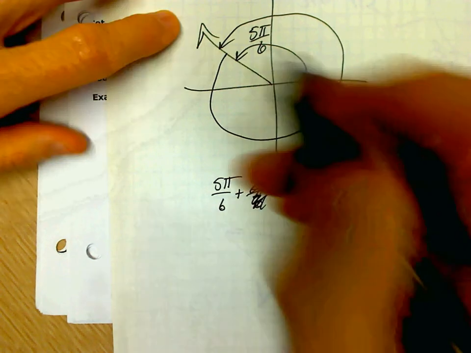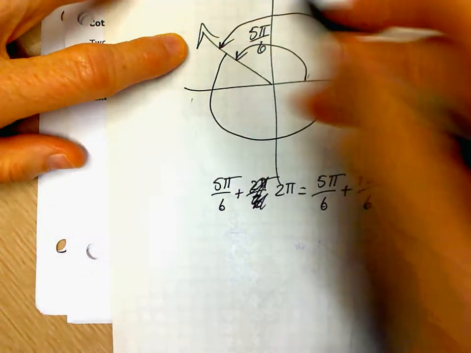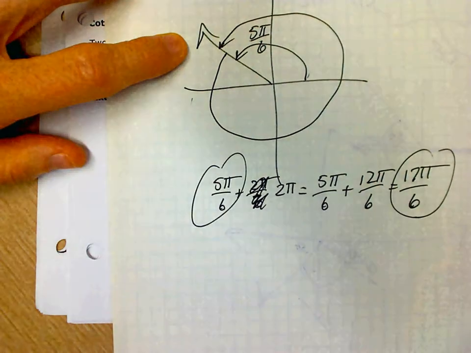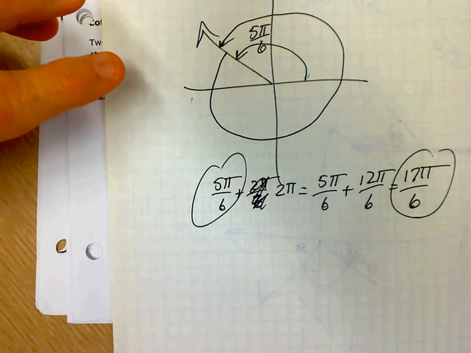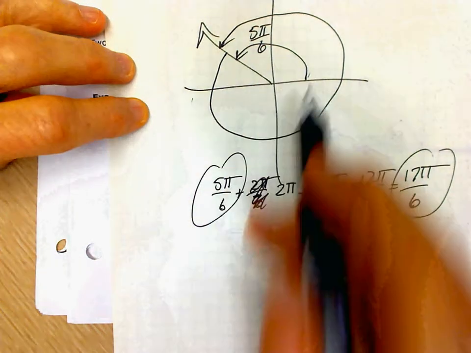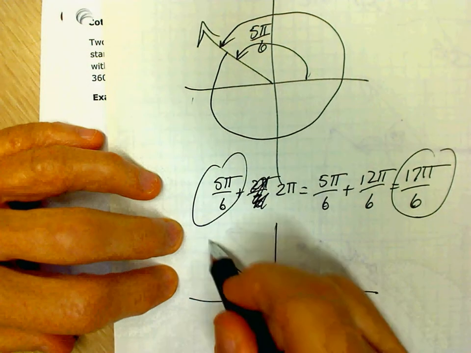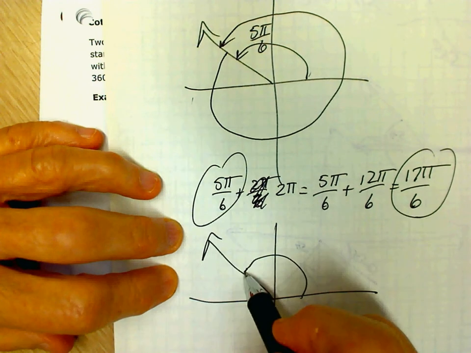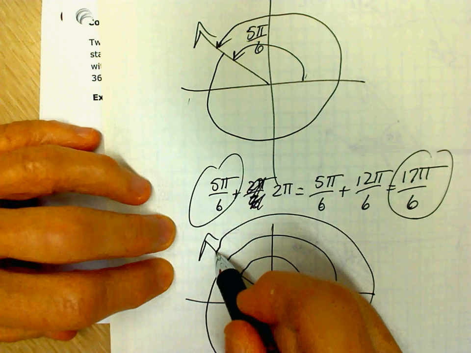So 5 pi by 6 and 17 pi by 6 have the same terminal arm. Hard, eh? Is this okay? Is this better? But if I have 5 pi by 6 and add 2 pi, 4 pi, I have the same terminal arm.